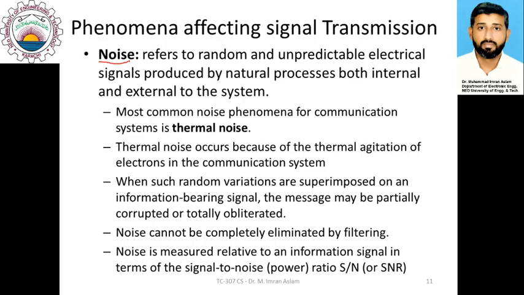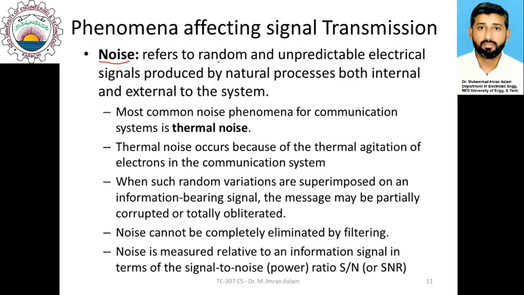If you have an isolated wire which does not have any other source in the vicinity, there will be no interference, but even in that case noise will be there. Noise is actually the internal response of the system. Internally, each system generates some randomness, and that randomness is named noise.